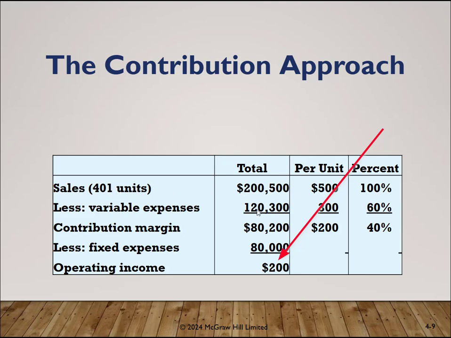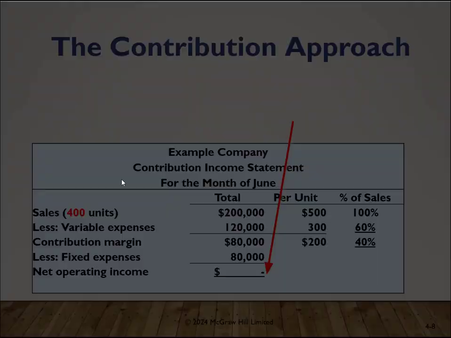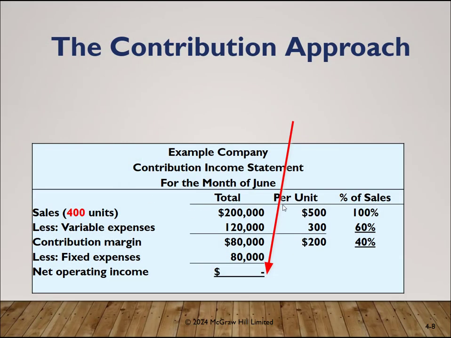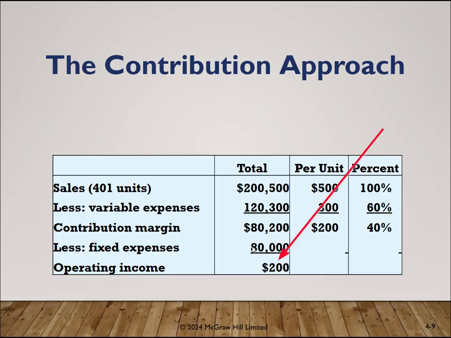Feel free to math this out on your side. But the quick and dirty math is: we had 400 units and they broke even, with a contribution margin of $200 per unit. Therefore, if we sold one more unit, we'd have an extra contribution margin of $200. Fixed costs stay the same because they are fixed costs. Therefore, our net operating income with a sale of 401 units is going to be $200.